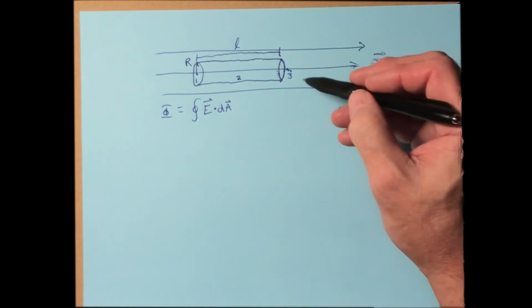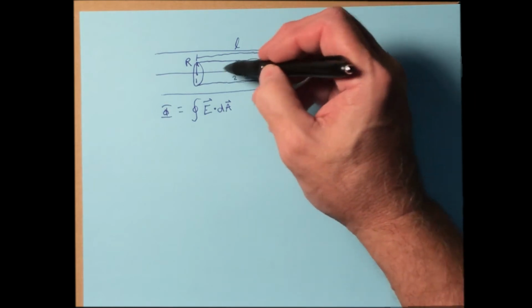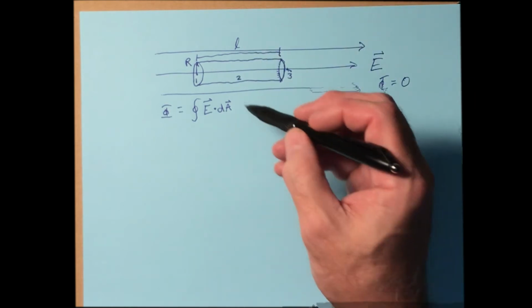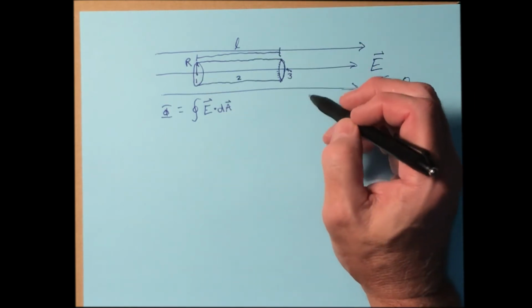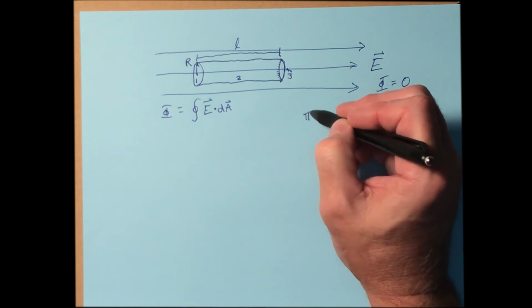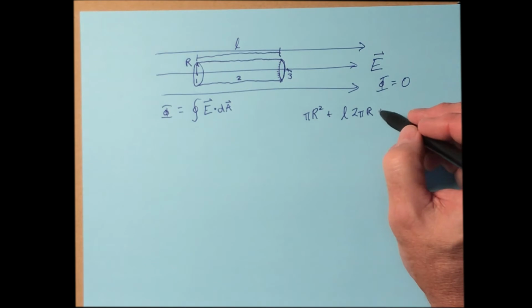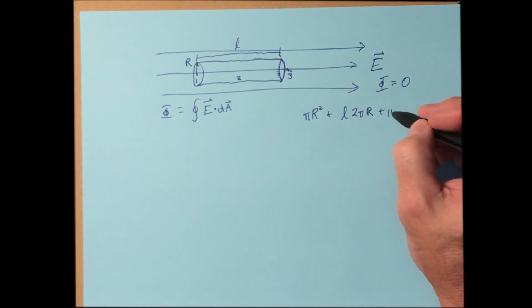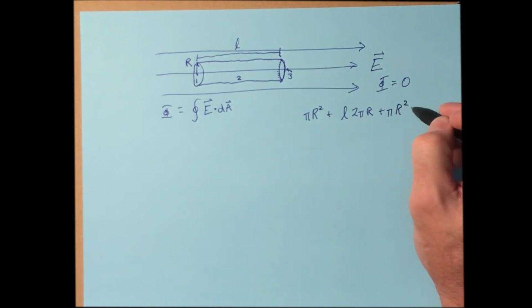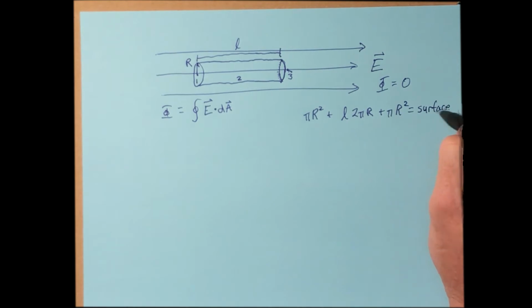So that's the surface area of the central region, area 2. The surface area of area 1 is just pi r squared. And then you're going to have that on the other end as well. You sum all of those together, and you've got the total surface area of our Pringles can.